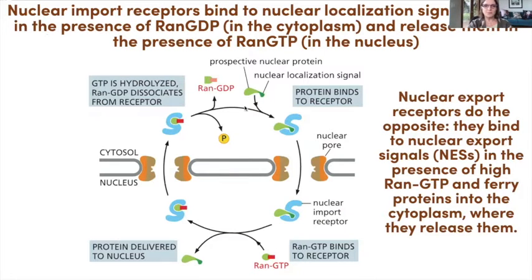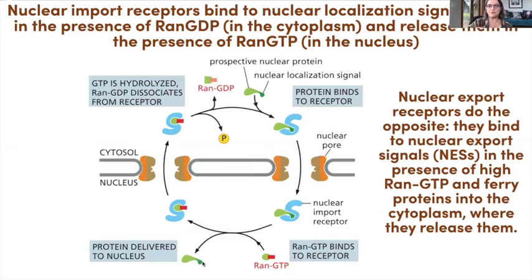So the way that this works is that importins, so again, this blue protein, which is going to pick up a nuclear targeted protein and carry it through the nuclear pore, will bind to the nuclear protein in the absence of RAN GTP. And then when it goes into the nucleus, the presence of RAN GTP triggers it to release its cargo and let go of it.